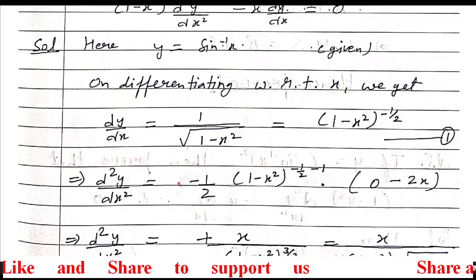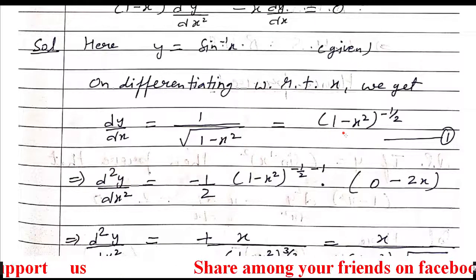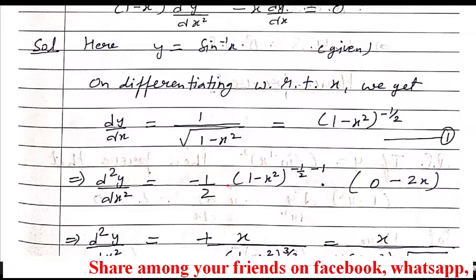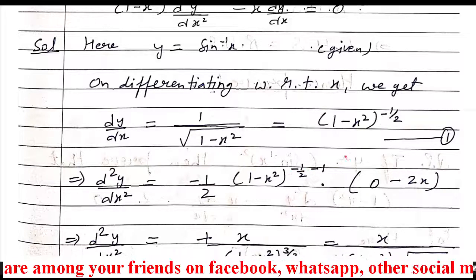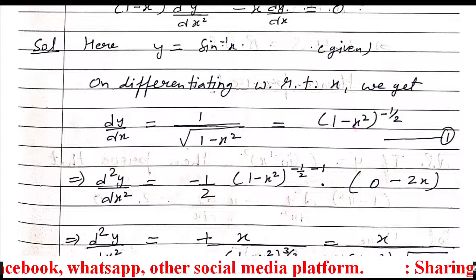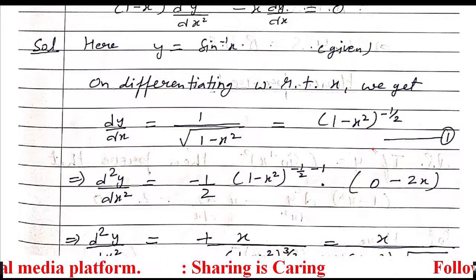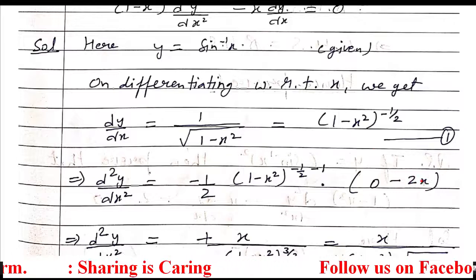Now differentiate it again with respect to x, and here you will get the second order derivative. Here x to the power n gives n x to the power n minus 1, and then use the chain rule in the bracket. According to the chain rule, the differentiation of 1 is a constant, so 0, and the differentiation of x square is 2x.